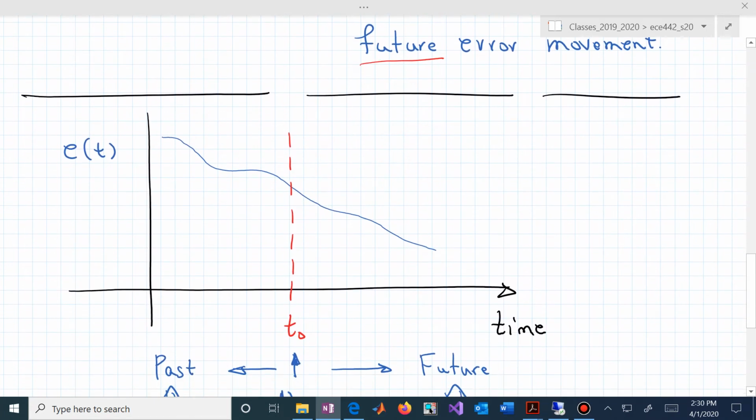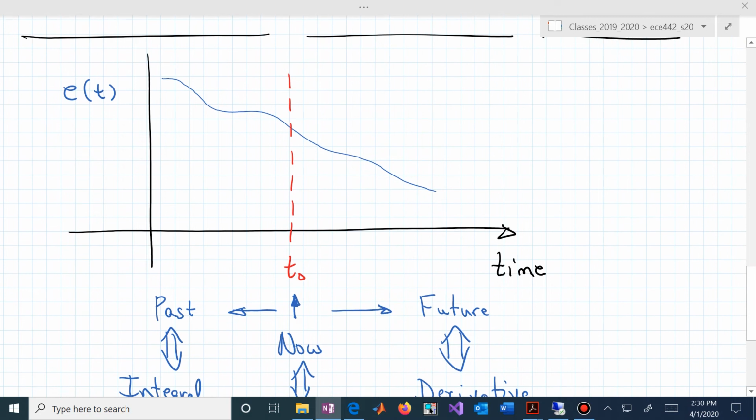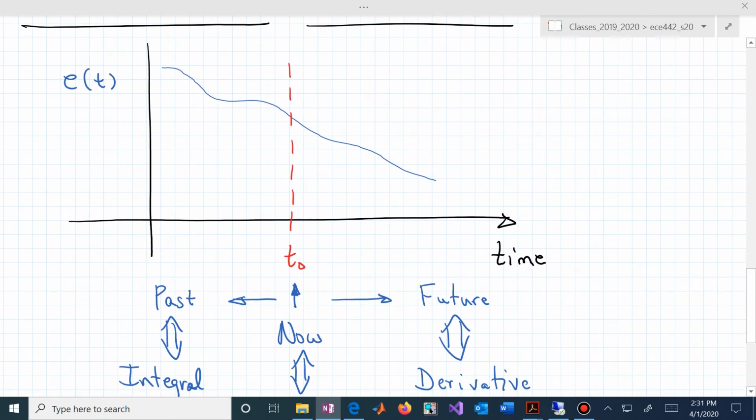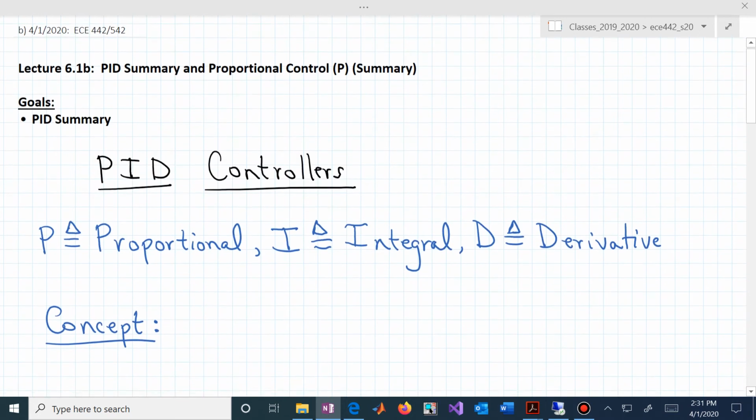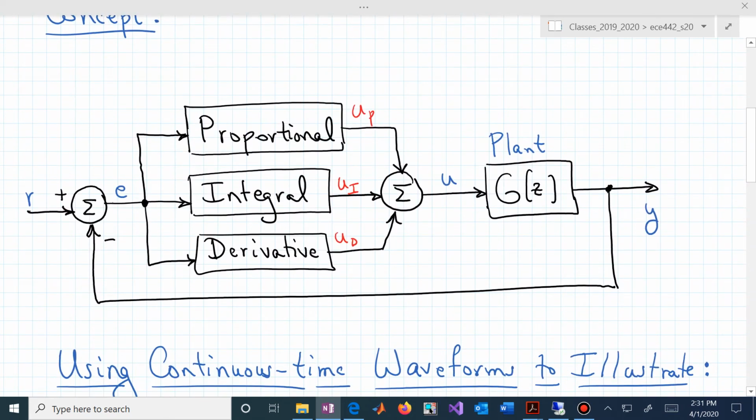And let me illustrate that with this picture. Let's just assume that our error signal decreases with time, and that's what we would hope in a well-controlled system. If this is a closed loop system, remember what that error signal is doing. The error signal is really just saying, what's the difference between where we want to go, our reference, and where we are actually at, our output y.